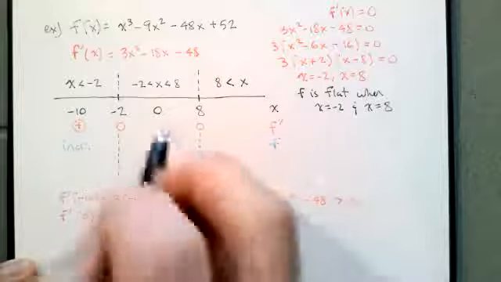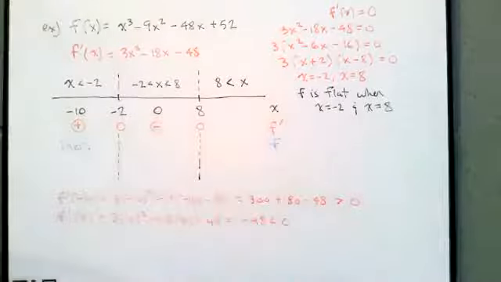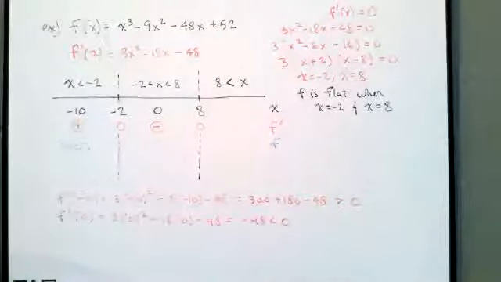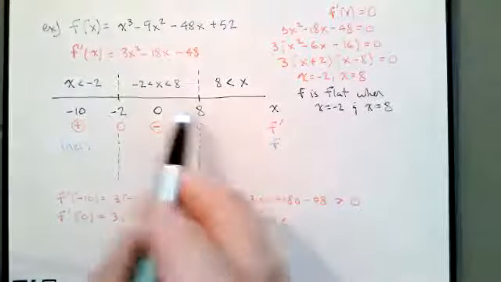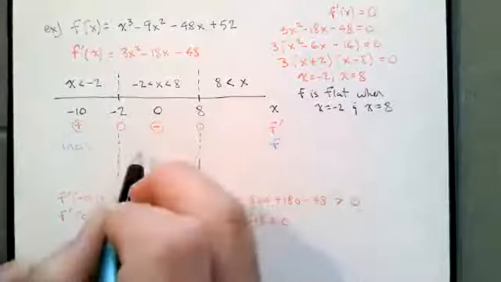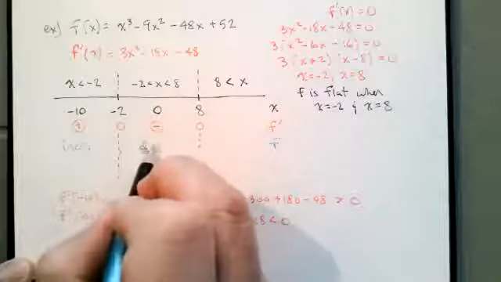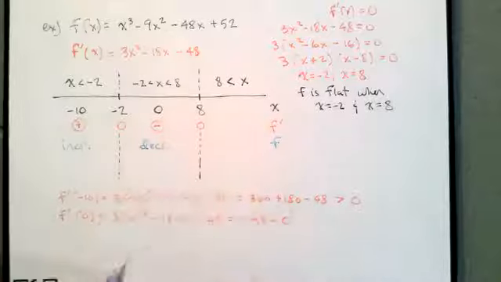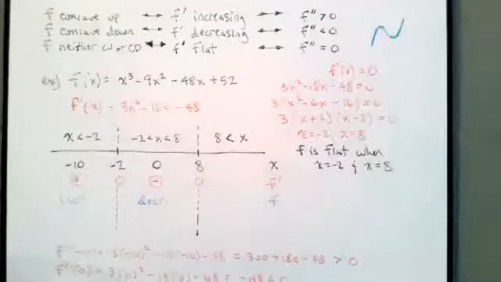So f prime is negative for all the values of x between -2 and 8. Since f prime is negative in this interval, f is decreasing on that interval, just as we had suspected.